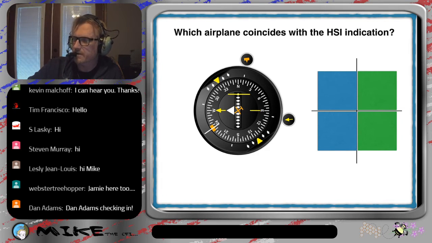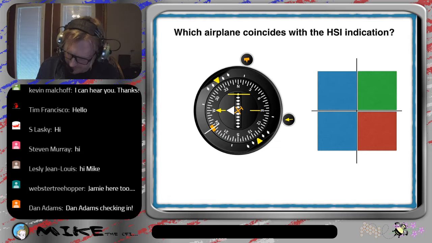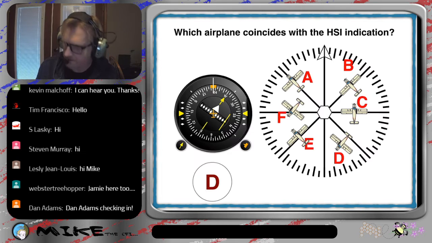So relative to the VOR, we must be over here on the right side where the green squares are. And because our course line is to the north of us, we must be in the bottom right-hand quadrant. The airplane is facing a direction of about 235 degrees. So in the display, there's only one airplane that's facing 235 degrees. It's in the bottom right-hand quadrant.